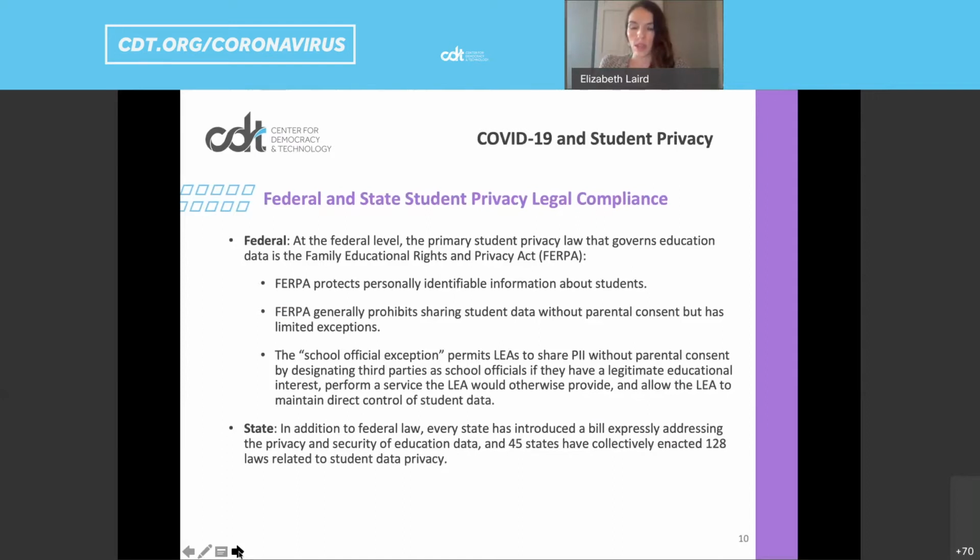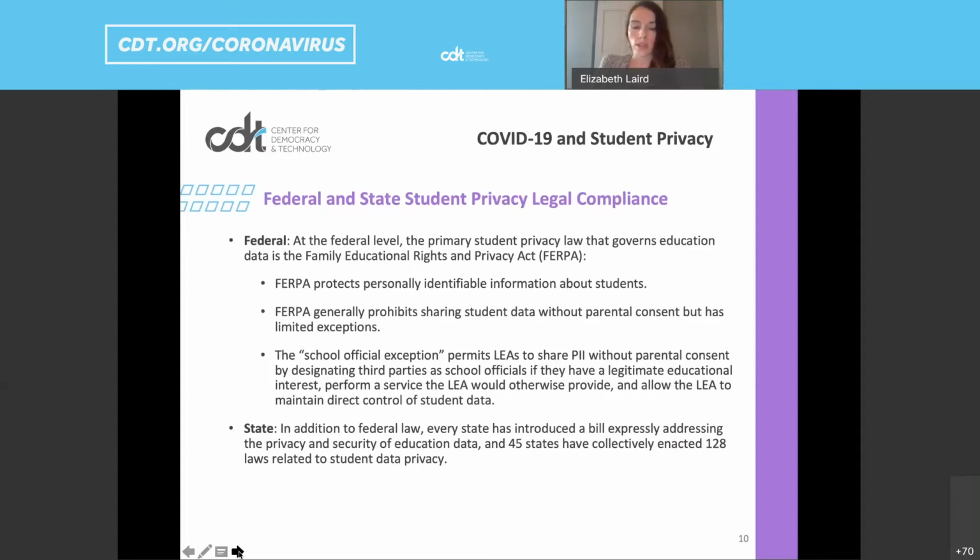So it's not a blank check where you can just share data. There are some restrictions around that. And we'll talk about in the recommendations how, as I said, the laws haven't changed, but you also need to think about these requirements when you're deploying technology in new ways that maybe you haven't in the past.